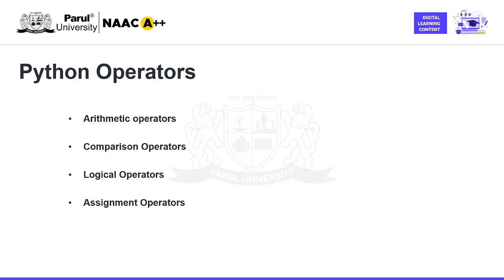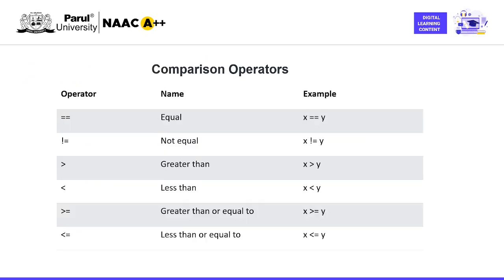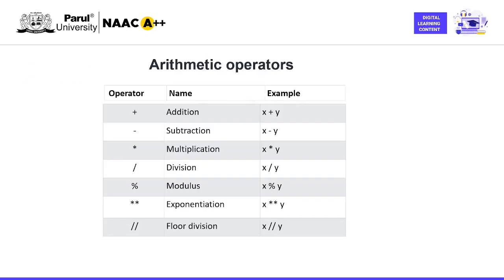How many types of operators are supported by Python? There are so many types of operators supported by Python. Here we discuss some of them. Number one, arithmetic operator.